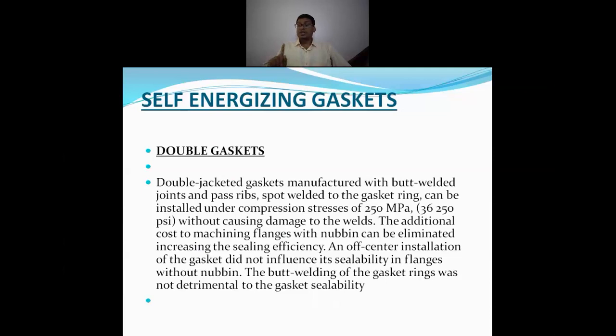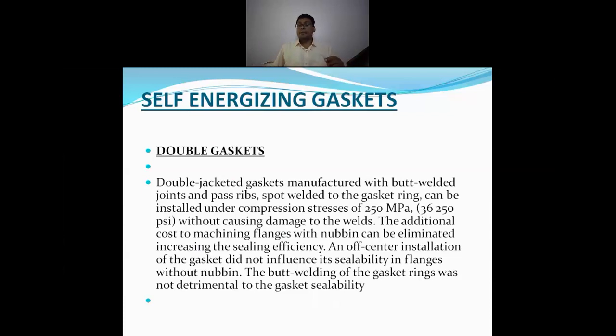There the gasket is available. This is also a self-energizing gasket. That means as the pressure increases in the pressure cooker, this gets expanded and seals the head and the base of the pressure cooker.